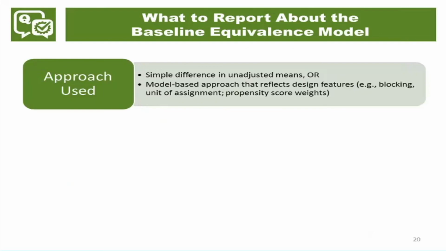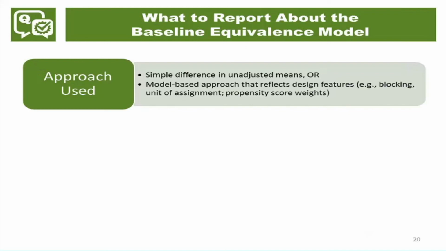Okay, so now what to report about the baseline equivalence model. The report should state whether the baseline mean difference between the treatment group and the comparison group is calculated as just a simple difference between the unadjusted means for the treatment group and the comparison group, or whether the analysis used a statistical model to reflect the design, the assignment strategies, like a statistical model that accounts for blocking or the unit of assignment.